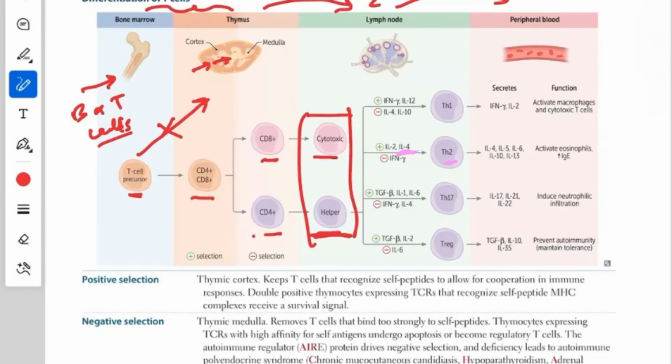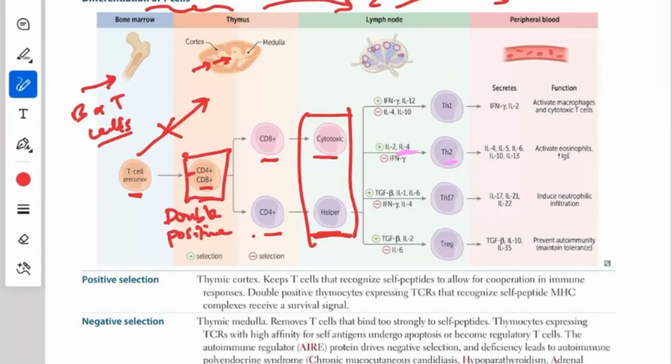The T cell that arrives in the cortex of the thymus is this cell. You can see it's double positive. They call it double positive because it has both CD8 and CD4 markers on its surface.